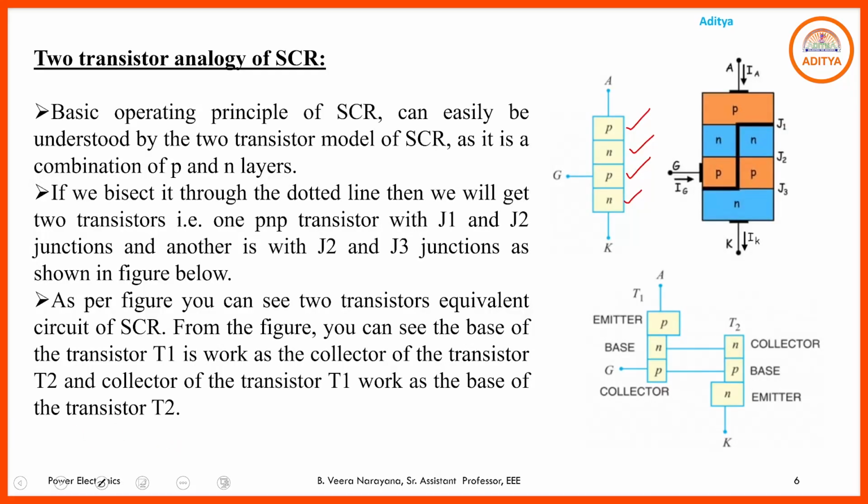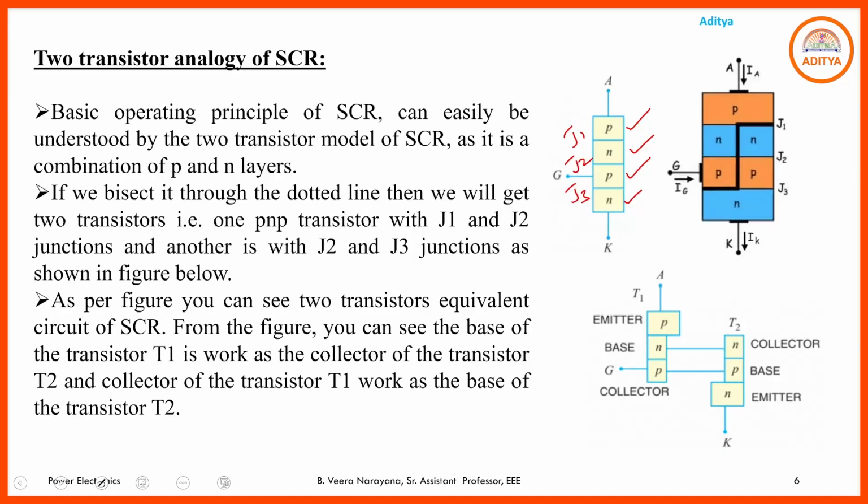Out of these 4, the outer 2 layers, P and N, are heavily doped and the middle P and N layers are lightly doped. So in the construction you have 4 layers, 3 junctions. Here it is J1, J2, and here it is J3. 3 junctions and 3 terminals: anode, cathode and the gate. That is the construction of the SCR.